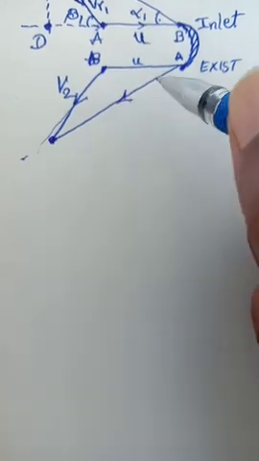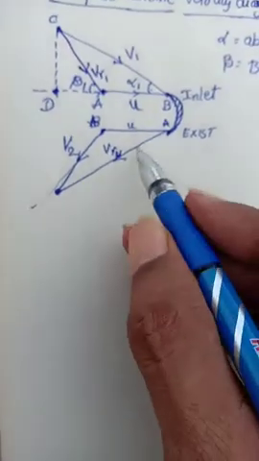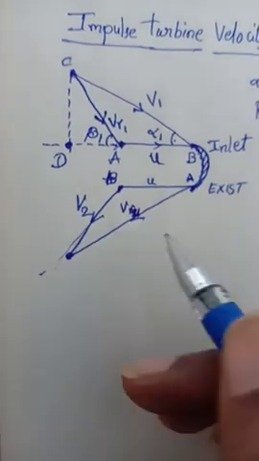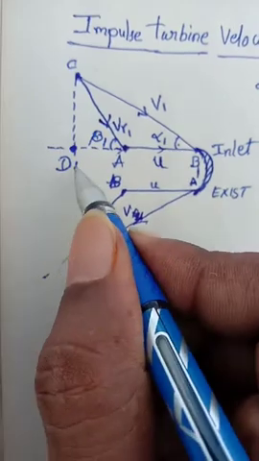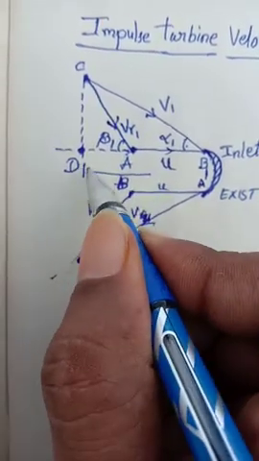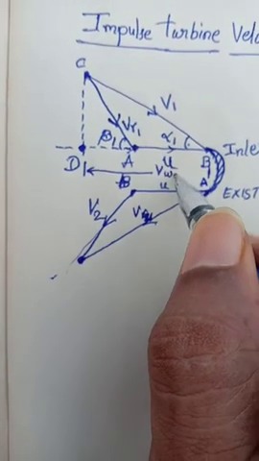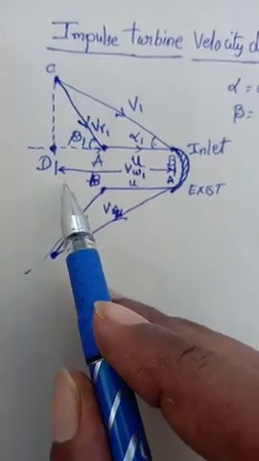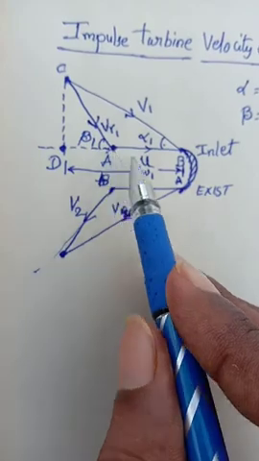So now this is called relative velocity VR2, right? Okay, now then here to here, this is from VW1. Okay, this is from VW1 and now this is U.